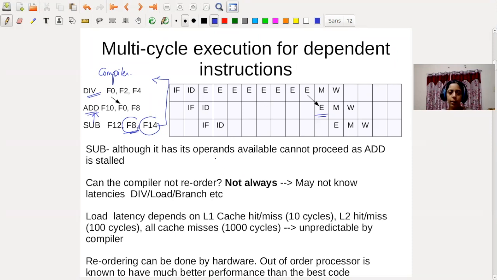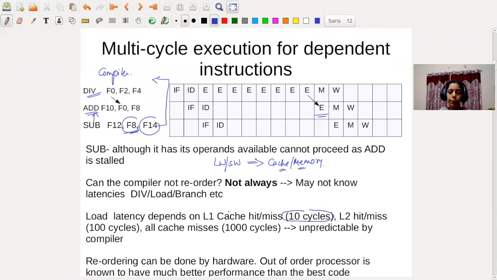Also, there are load stores which completely depend on the cache or the memory. So the compiler has no information whether the address to be loaded or the data to be loaded is in the cache or in the memory. And based on this, the latencies are going to differ.